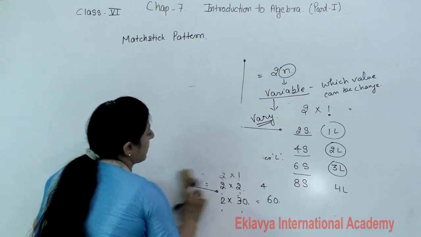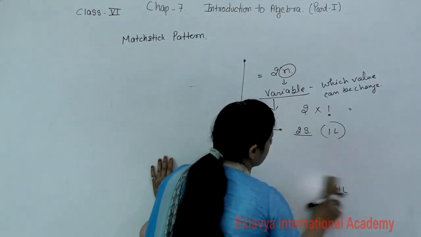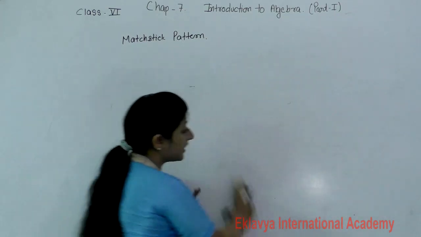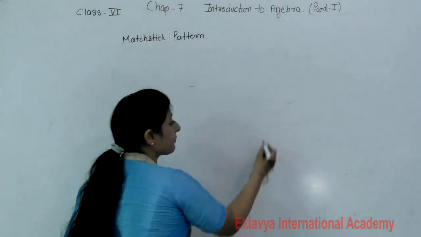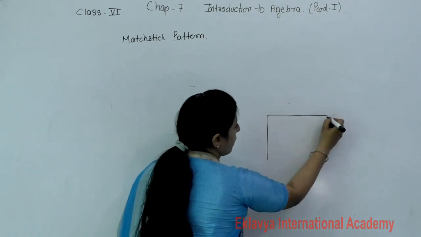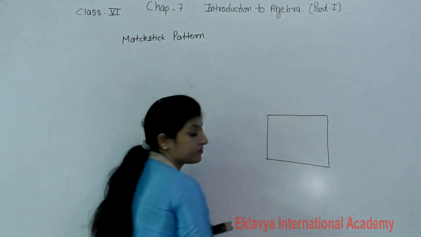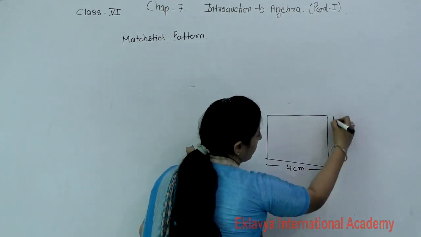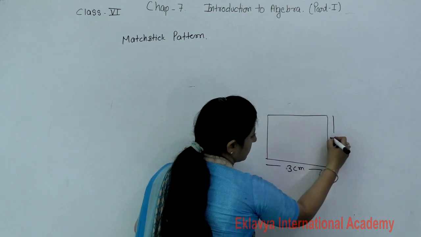Now see another example. Suppose there is a square. Each side is given to you as 3 centimeters.